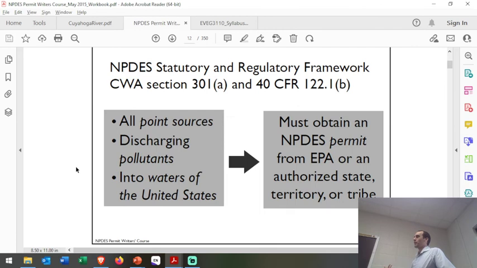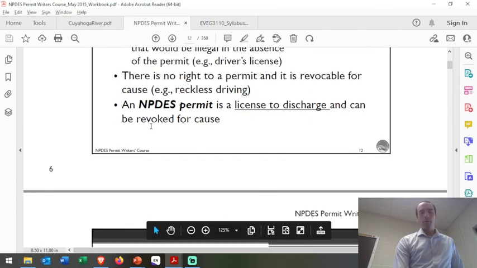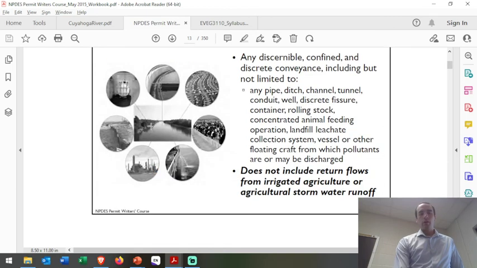Really the only exceptions are things like a wastewater stabilization lagoon. We make a lagoon, we're designing it for wastewater. We're not treating that as a water of the U.S., obviously. Agricultural irrigation ditches is another one we've exempted from that. Okay, so if any of those are true, you have to get that permit. It talks about what is a permit, kind of like a license to discharge.